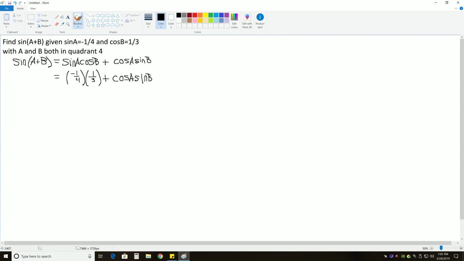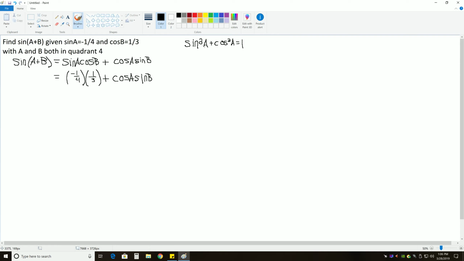So to start off with, cosine of A, the way that we're going to find it is we know one of our biggest identities, one of our Pythagorean identities, is that sine squared A plus cosine squared A is equal to 1.